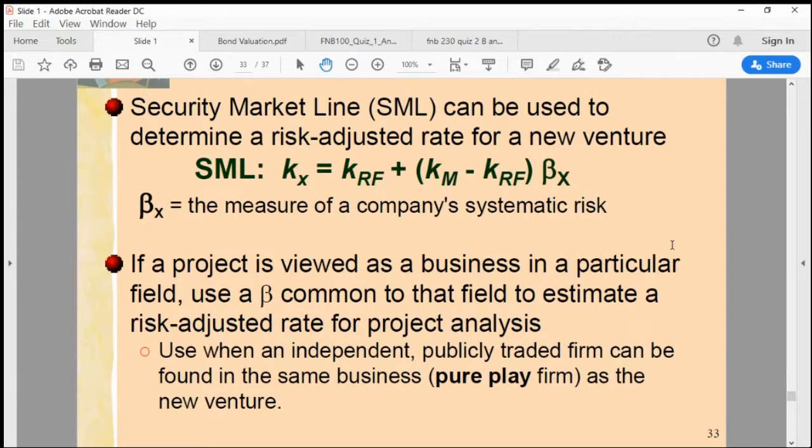But then most companies are, as we discussed, a collection of different other projects or different other lines of businesses, right? In other words, most companies reflect a conglomerate nature, right?